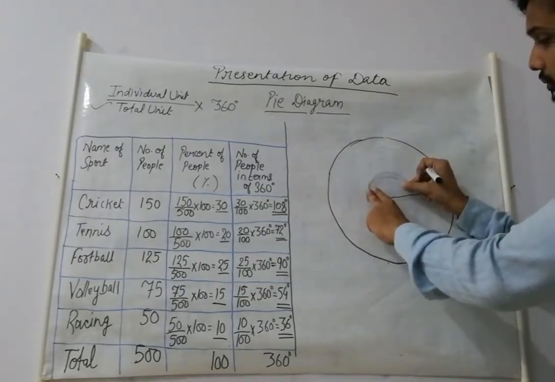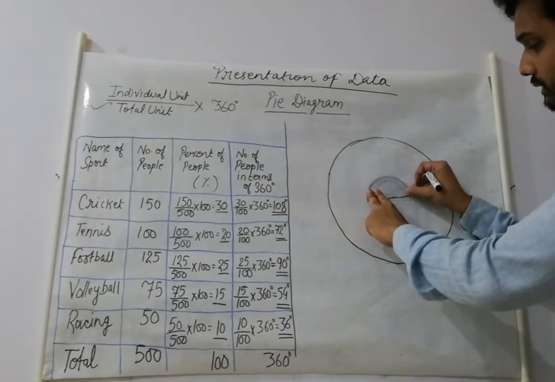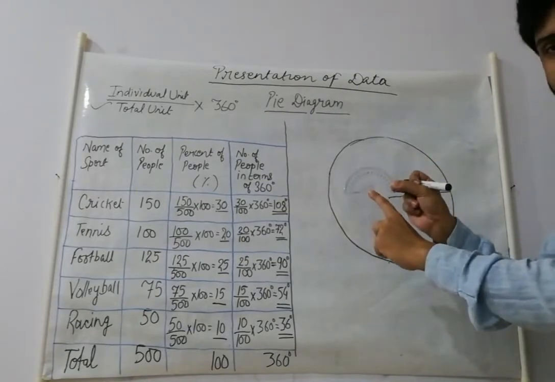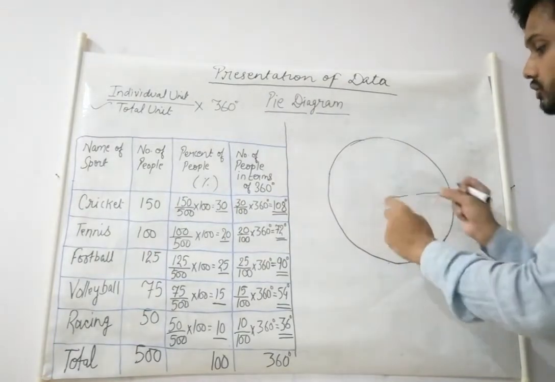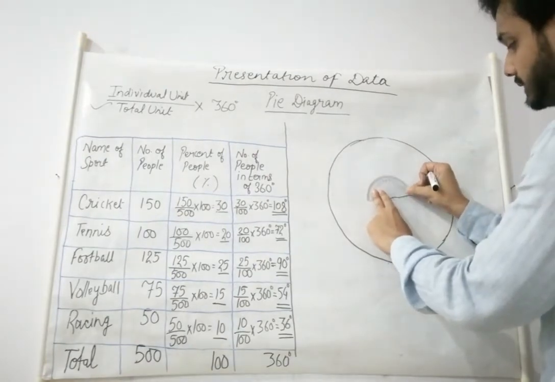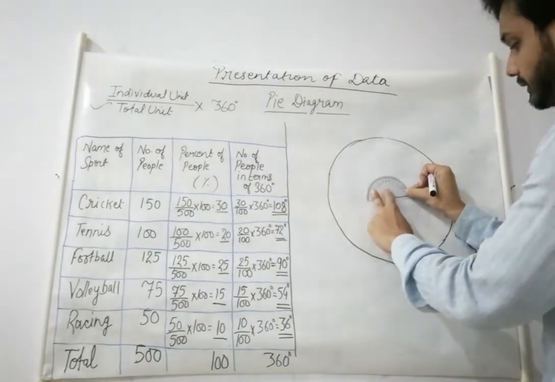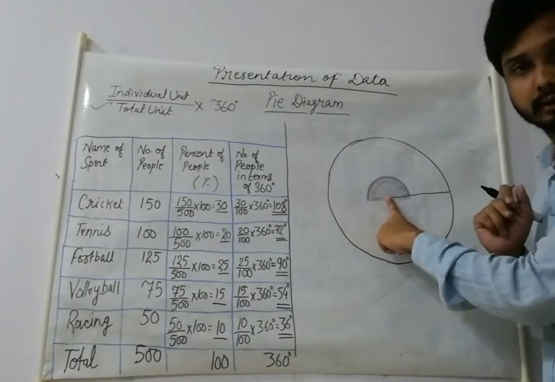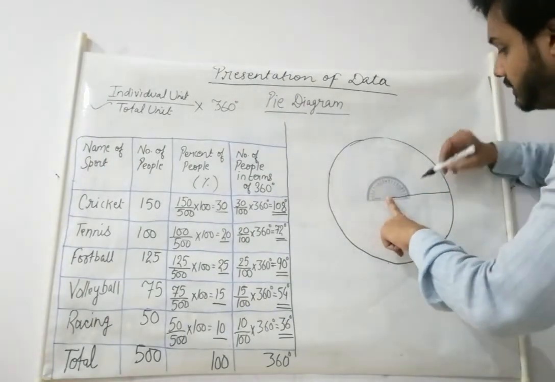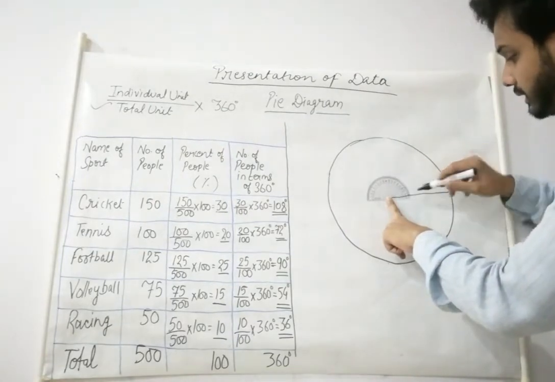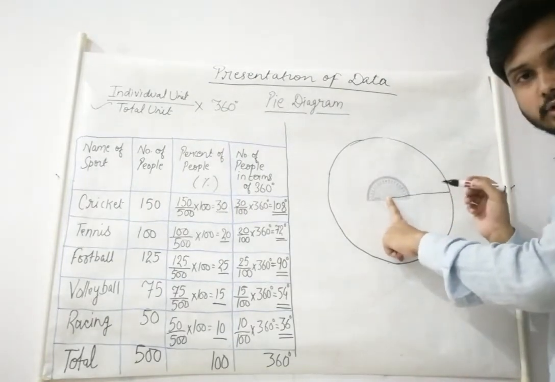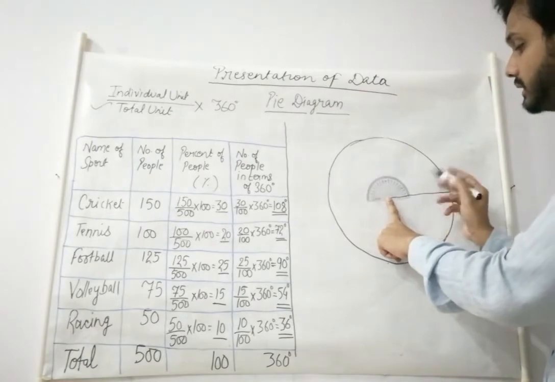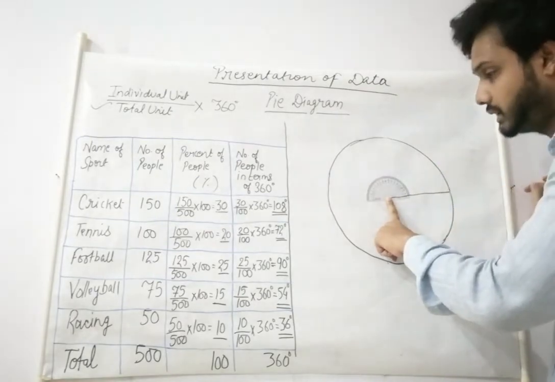Now keep your protractor like this, okay. The midpoint of the protractor and your midpoint should be in the same place like this, okay. You will keep the protractor in this form and then here this line which we have made, this will lie in the 0-degree line, okay. As you can see in the protractor, it will lie in the 0-degree line.